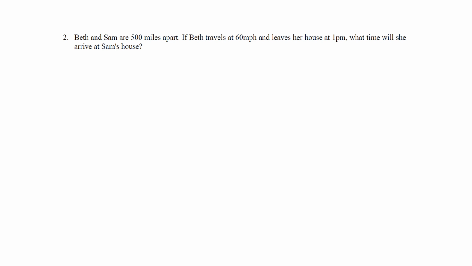All right, so our next one: Beth and Sam are 500 miles apart. So here's Beth, here's Sam. The distance between them is 500 miles. Okay. We usually don't use miles in science. We use kilometers if we're talking about a long distance, but this is in 500 miles.